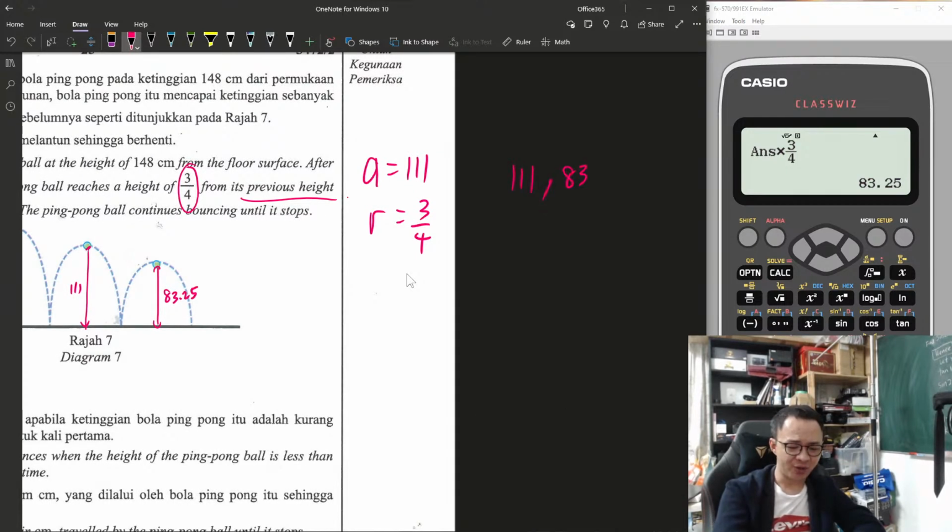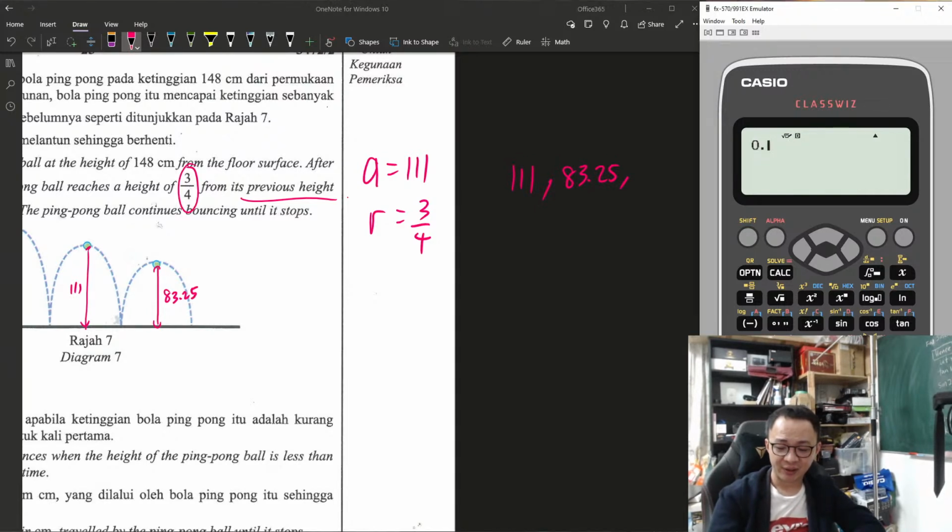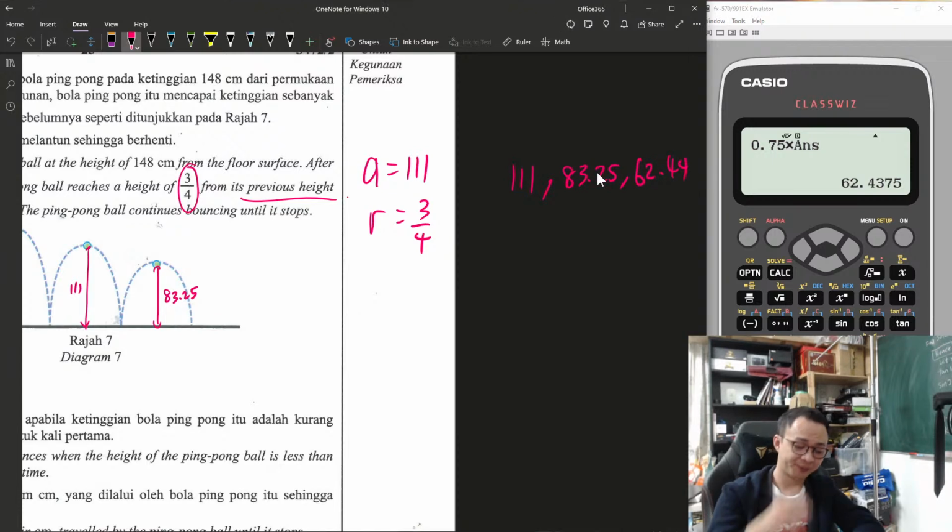Next one is 83.25, then I multiply by 3 over 4, which is 0.75 lah, to my answer just now. So the next one is basically 62.44 and so on. So right now, this is T1, T2, T3 and so on. The question actually asks: when the nth term is less than 20 centimeters, the height of the bounce back is less than 20 centimeters.